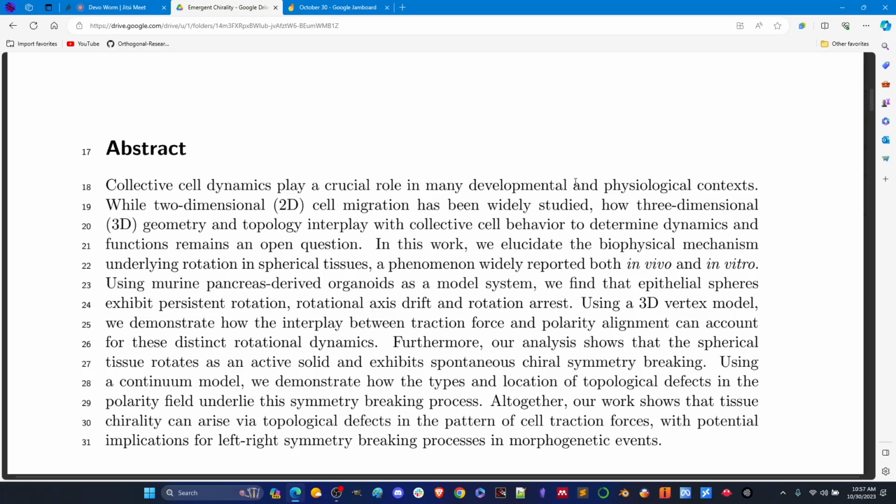They exhibit these different aspects of rotation, and you can characterize all of these in this model. Using a 3D vertex model, we demonstrate how the interplay between traction force and polarity alignment could account for these distinct rotational dynamics. So this is again talking about the alignment of the tissue and the traction forces on the substrate.